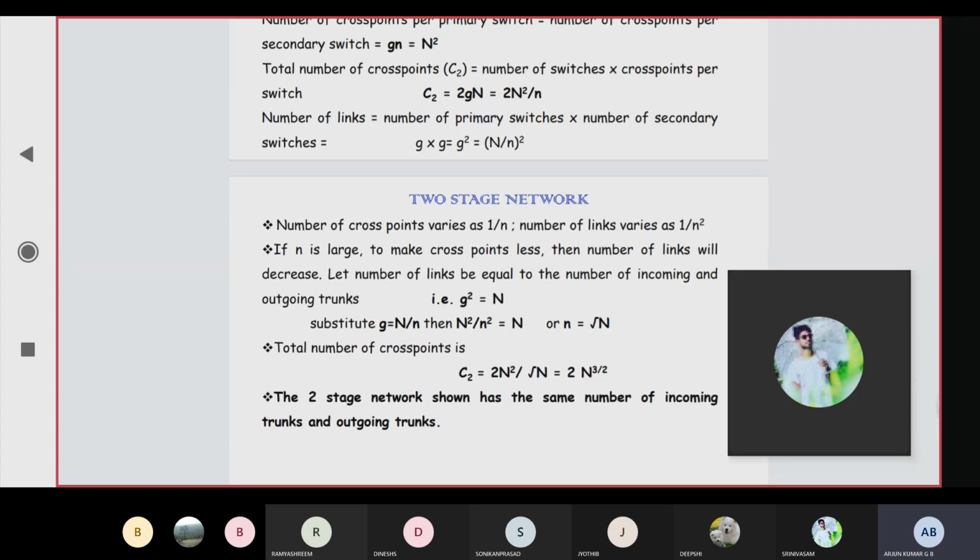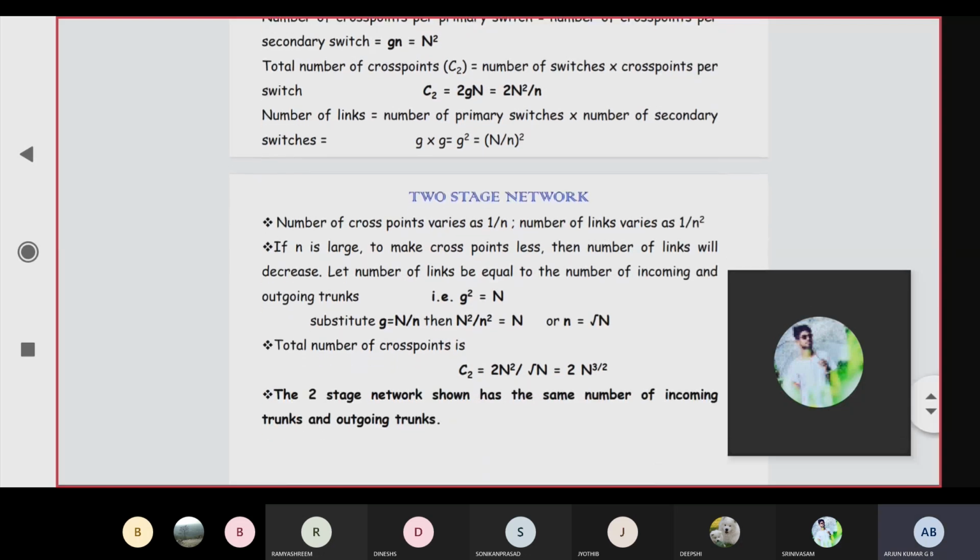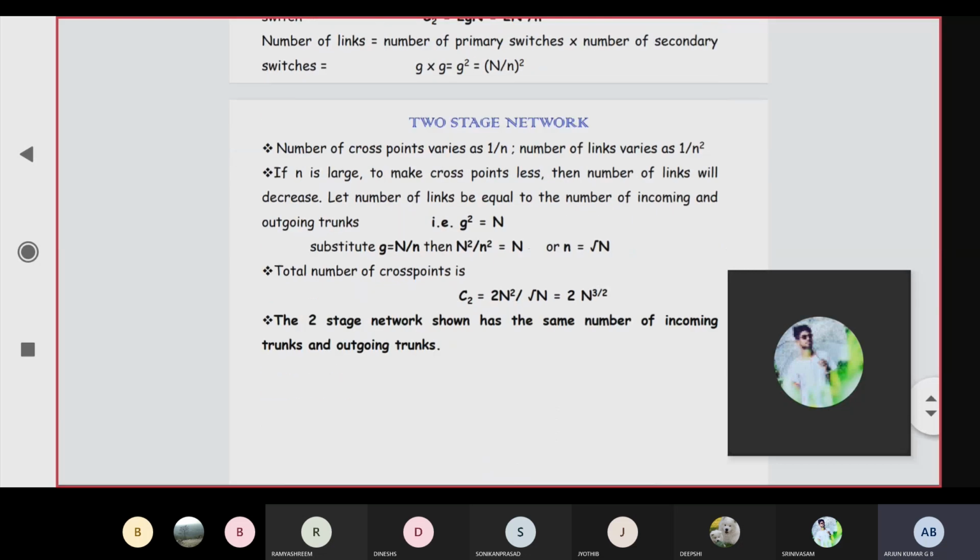Similarly, the links will vary as the square. We can see C is equal to 2n square by n, that means 1 by n. The cross points will vary in terms of 1 by n. The number of links also will vary by 1 by n square. Then when n is large.